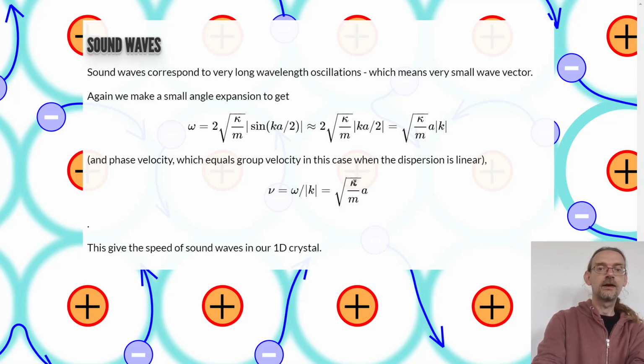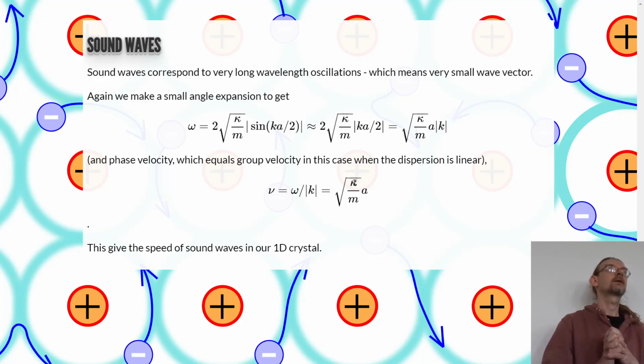So the speed of sound will increase if there's a bigger spring between the atoms. So if you tighten the spring and flick them, you get a faster response. If the lattice spacing is bigger, everything else being equal, you get a faster sound wave. So as the wave travels, the atoms are further apart.